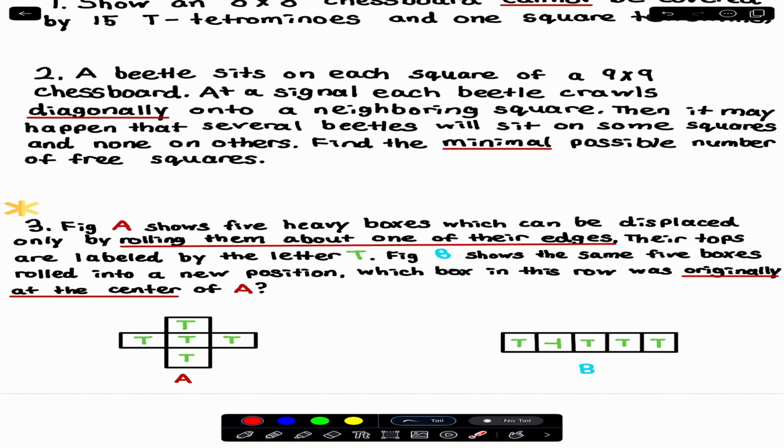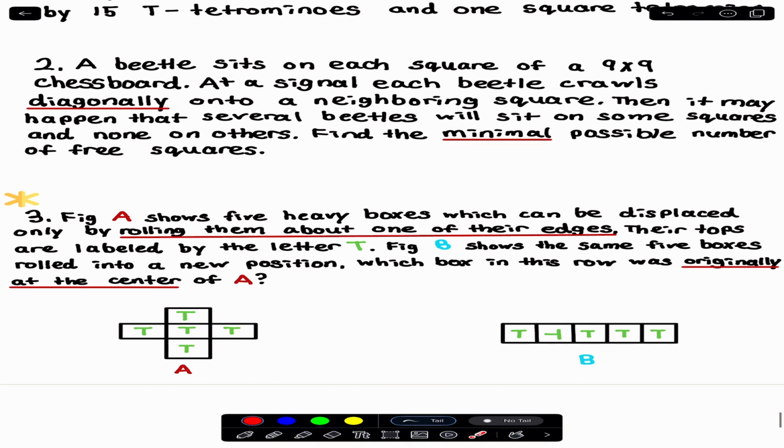we got these 5 heavy boxes. We can't rip them apart and lift them and then carry them. We have to basically just roll them on their edge, right? Like that.